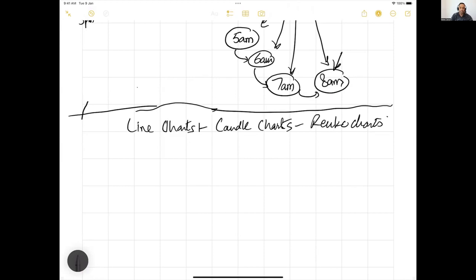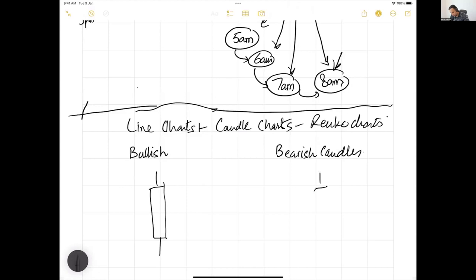Now, whenever we're looking at the candlestick charts, we got to identify different types of candles. There are only two candles that we look at. First, you have the bullish candles like this, and then you have the bearish candles, which are colored in whatever way.